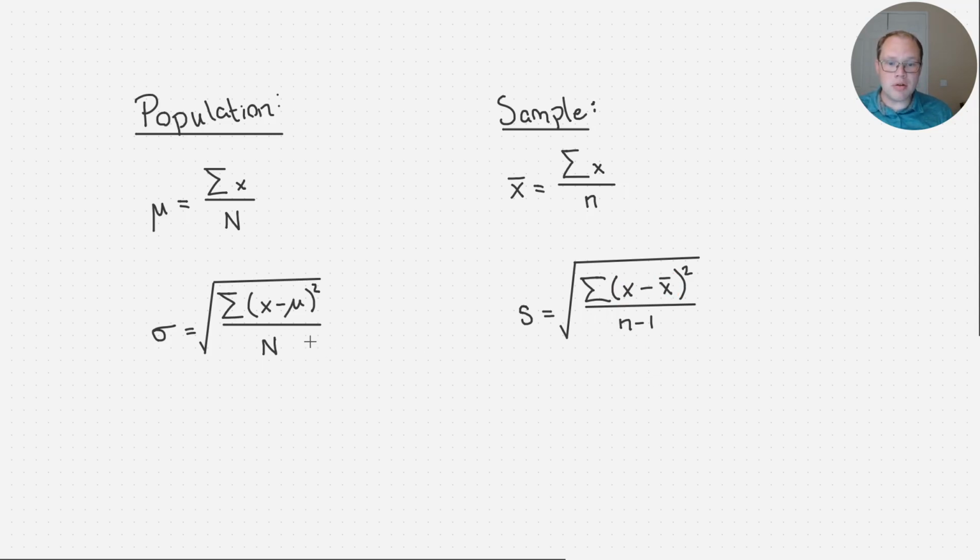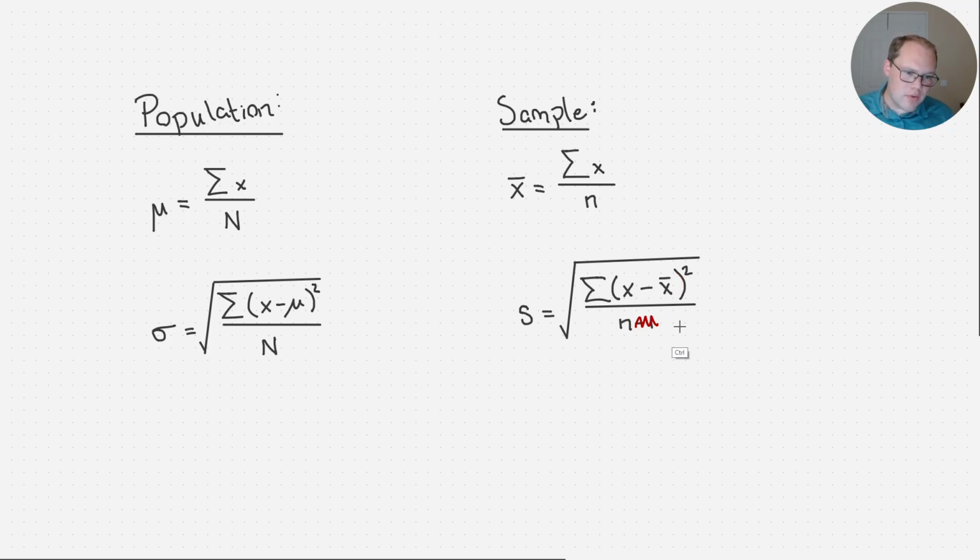Now, x bar should approximate mu, but they're not the same thing. So if we just had n here, it wouldn't quite be the average distance. We wouldn't be approximating the average distance from mu. We would be measuring the average distance from x bar, and that's not what we want.